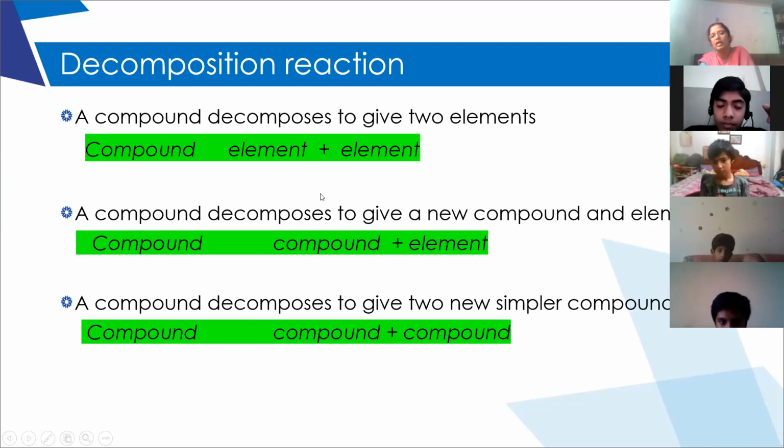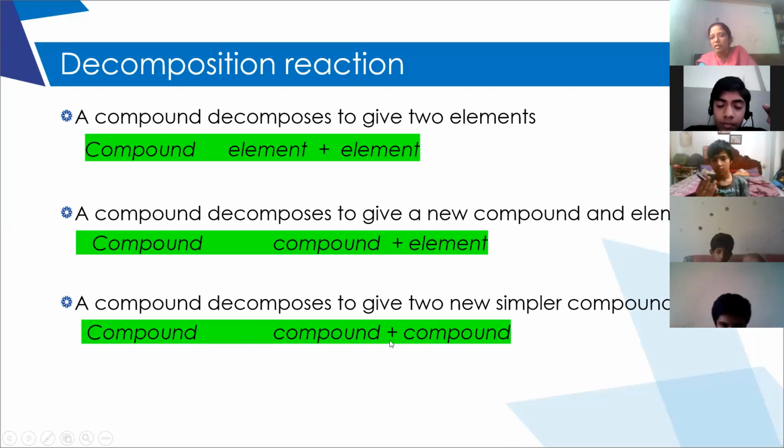We cannot say all compounds form two elements, right? So which chemical substances will decompose to give two elements? Which type will decompose to give an element and a compound? Which type upon decomposition gives two compounds?